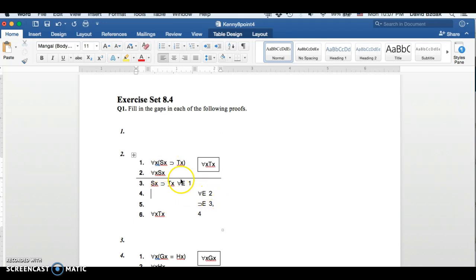Now if we do universal elimination of 2, we do the same thing with the x, keep the x in there. That sets up this conditional elimination, which gives us tx by conditional elimination of 3 and 4. And then this last step is the universal introduction from 5.